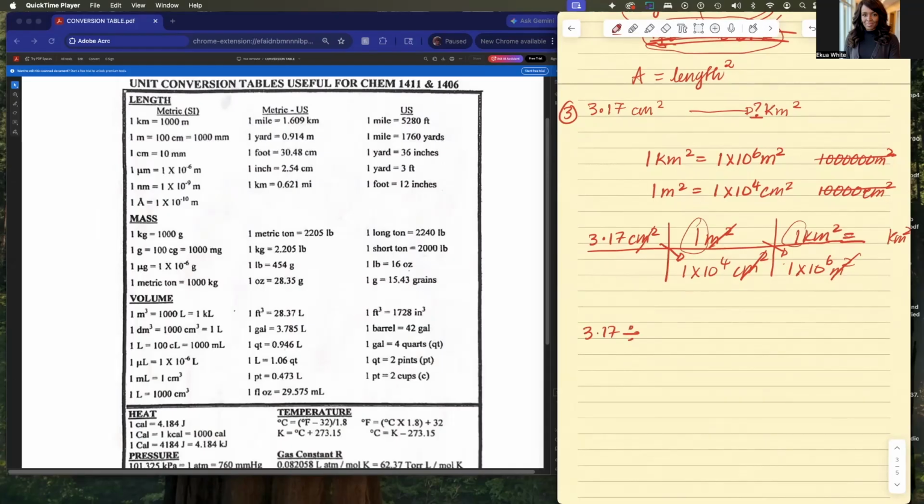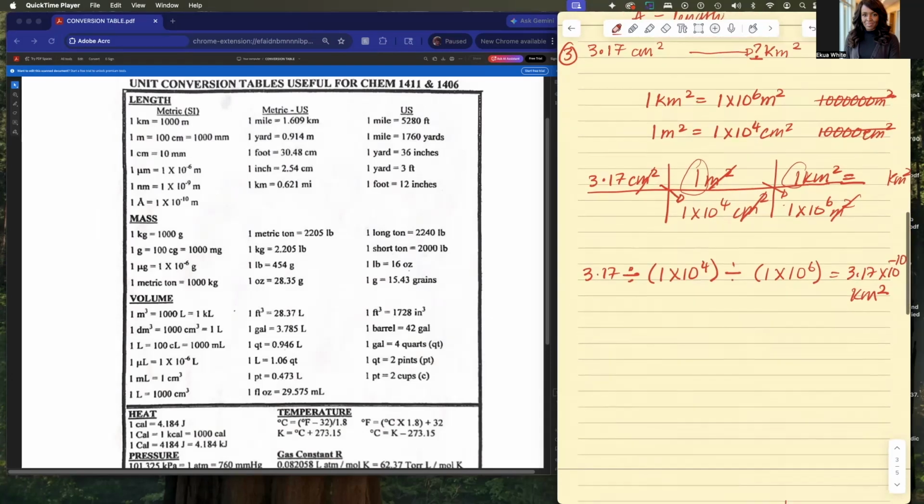Since we have scientific notation, use parentheses. 1 times 10 power 4, close parentheses. Divide again, divide by all denominator numbers. 1 times 10 power 6. And so what do we get here? It looks like I have 3.17 times 10 power negative 10. That's my answer in kilometers squared.